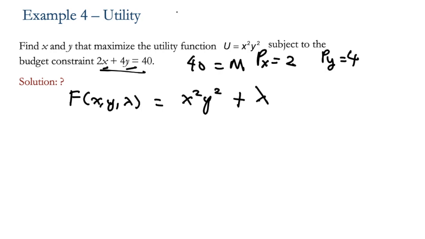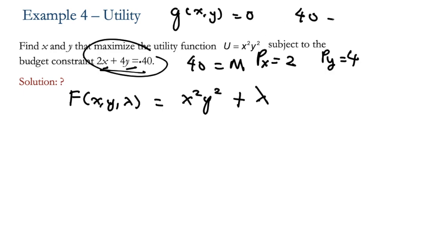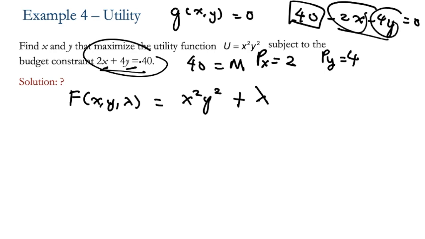So how do we do this? You see here, we must make sure that we have g(x,y) equivalent to 0. So that means this initial function we make equivalent to 0. So it is written this way, 40 minus 2x minus 4y. Isn't it becomes 0? Because we fully utilize income to buy x and y here.